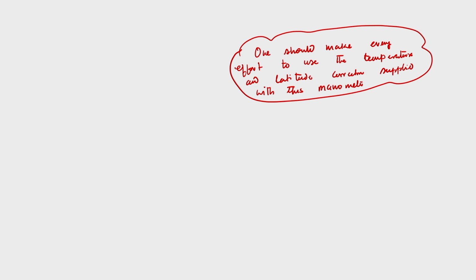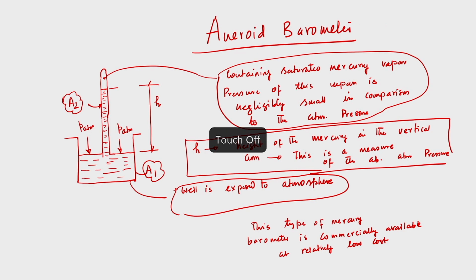Now, if we go back to my previous slide, here the column of liquid mercury in the vertical arm, that h height, is what we need to measure. This column will have a graduated scale fixed in position.